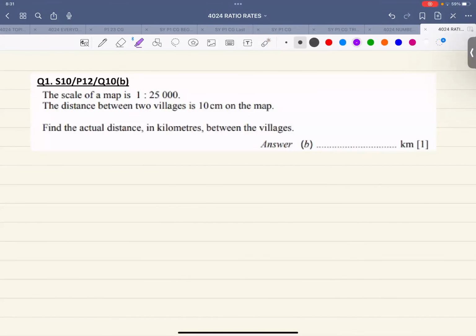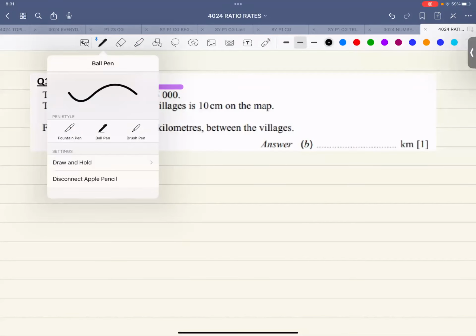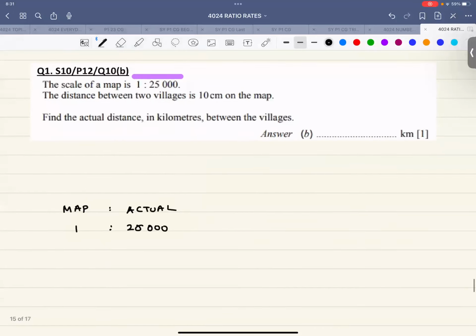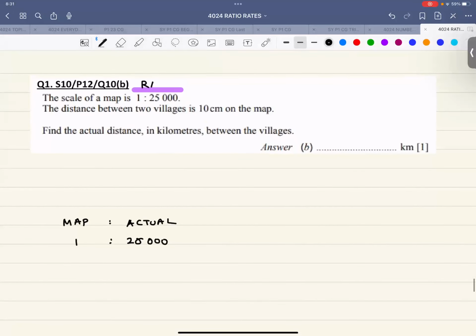Now let's look at the first question. The scale of a map is 1:25,000. Now what does it mean? It means this is map, this is actual or real, this is 1:25,000. This is a ratio that's given. So again, we are back to the concept of ratios.